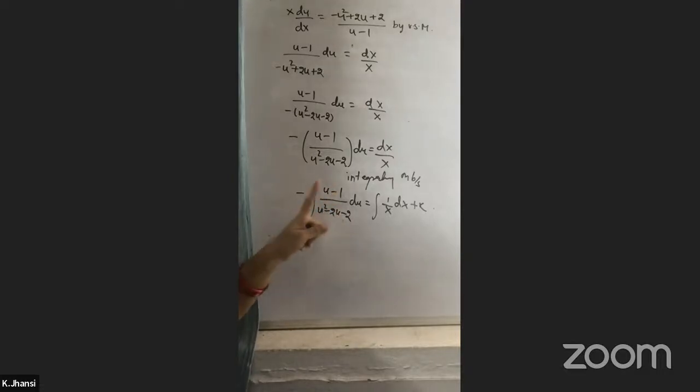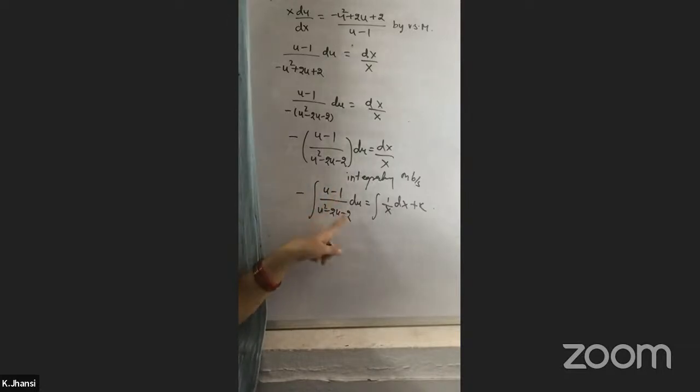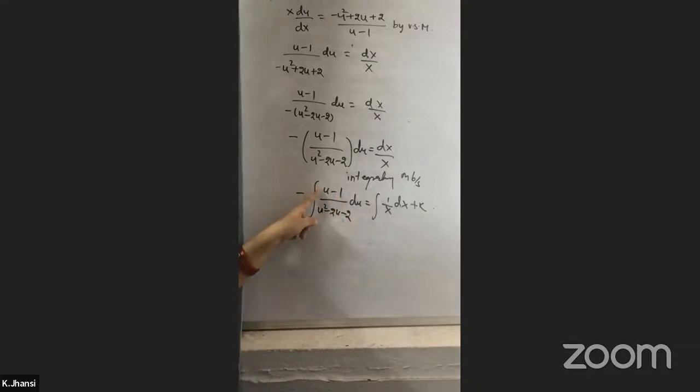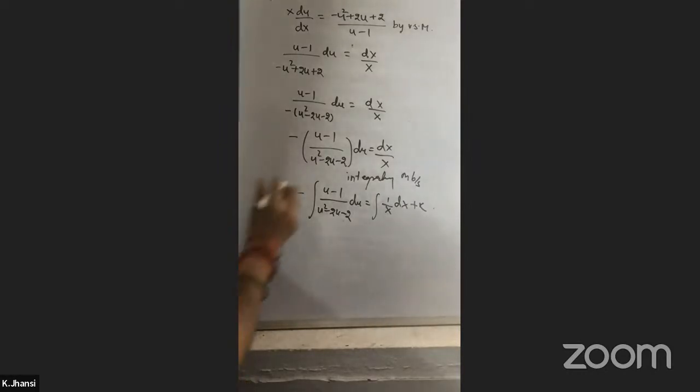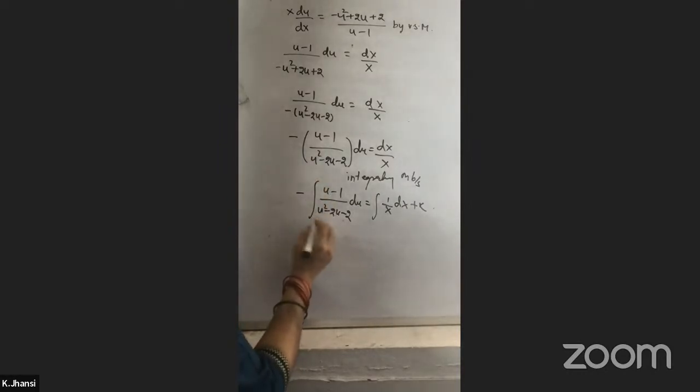Why? Because u differentiation is 1, it has a coefficient 2. And here minus 2 is the 2. If you do the differentiation, constant term is 0. So in the numerator, if you multiply with 2, then it will be converted into integration of f dash of x by f of x. Okay. So for that, you multiply and divide with 1 by 2.